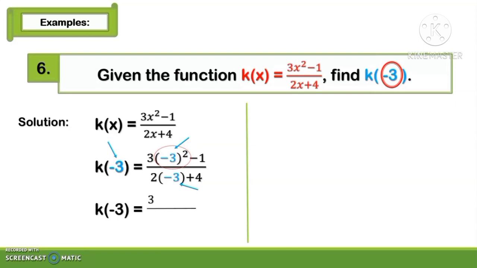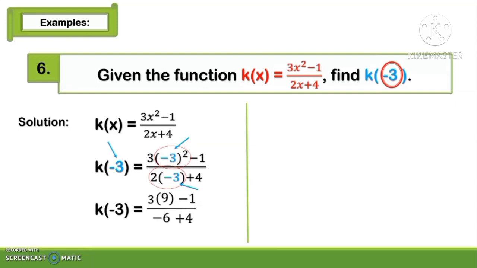What is negative 3 squared? That is equal to positive 9. Then, bring down negative 1. Now, yung nasa denominator naman or yung mga nasa baba, we are going to multiply 2 and negative 3. And that will give us negative 6.